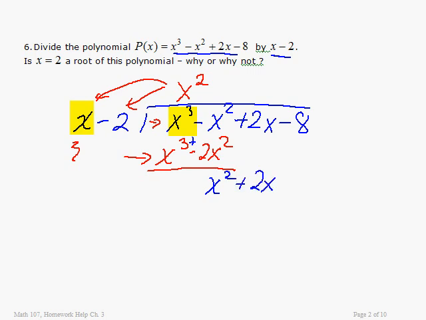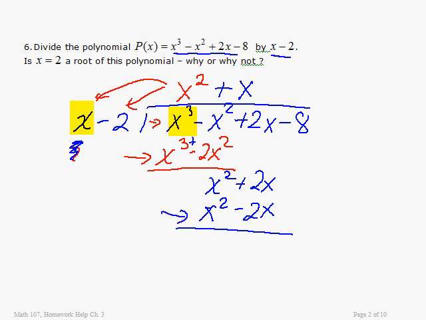Fine. Now I go back and say, what would it take to turn x into x squared? Well, multiplying by x. So I put the x up here. Now I have to multiply it times everything. X times x gives me my x squared. That was the plan. X times negative 2 gives me my minus 2x. Okay. Now again, I subtract. X squared minus x squared is 0.